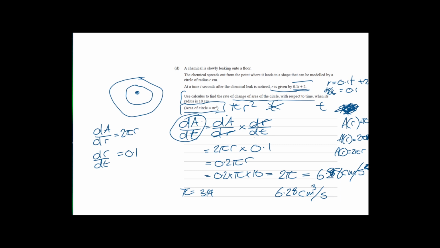Cubic centimeters? No, it's going to be square centimeters, because it's going flat along the surface. Yeah, 6.28 square centimeters per second, increasing.